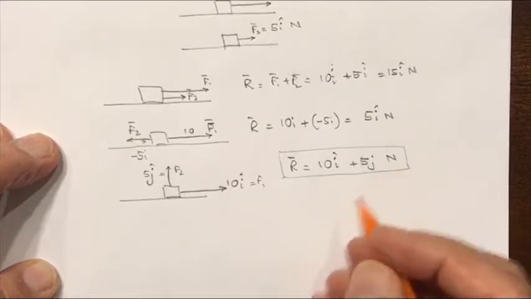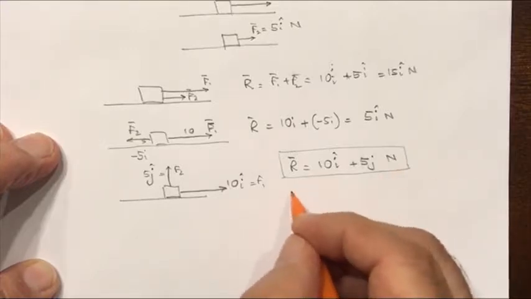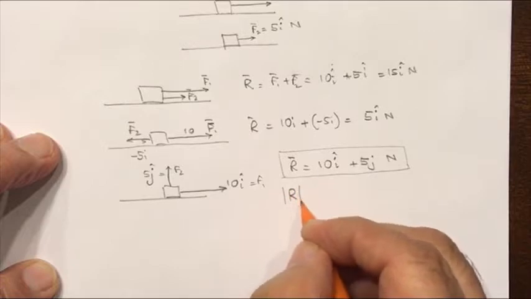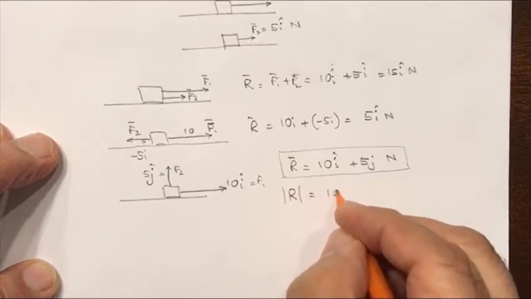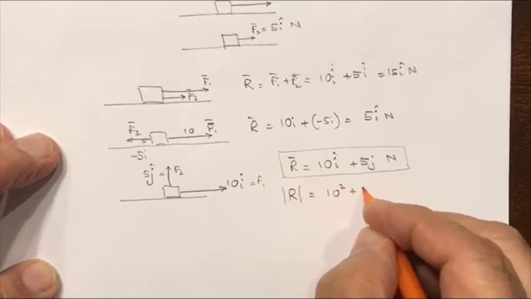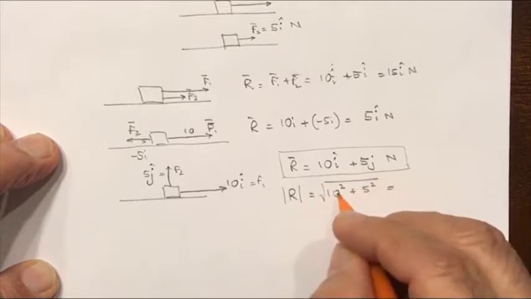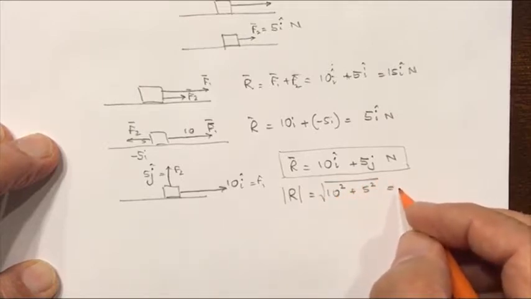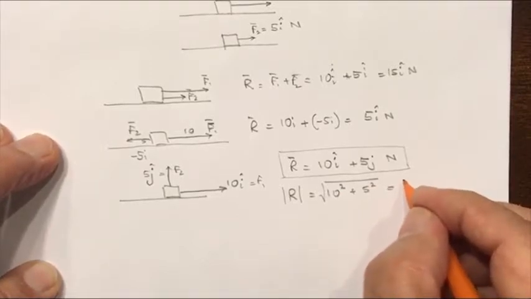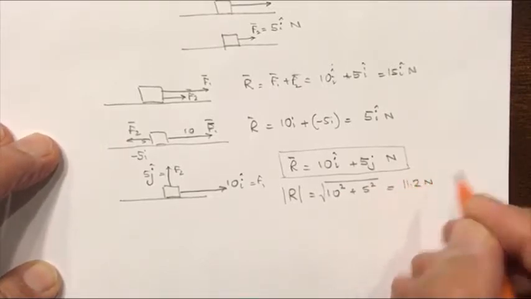Now, you may like to find the magnitude of the resultant force, and that would be the square root of F1 squared plus F2 squared. That's 125, so it's the square root of 125, which comes out to 11.2 newtons.